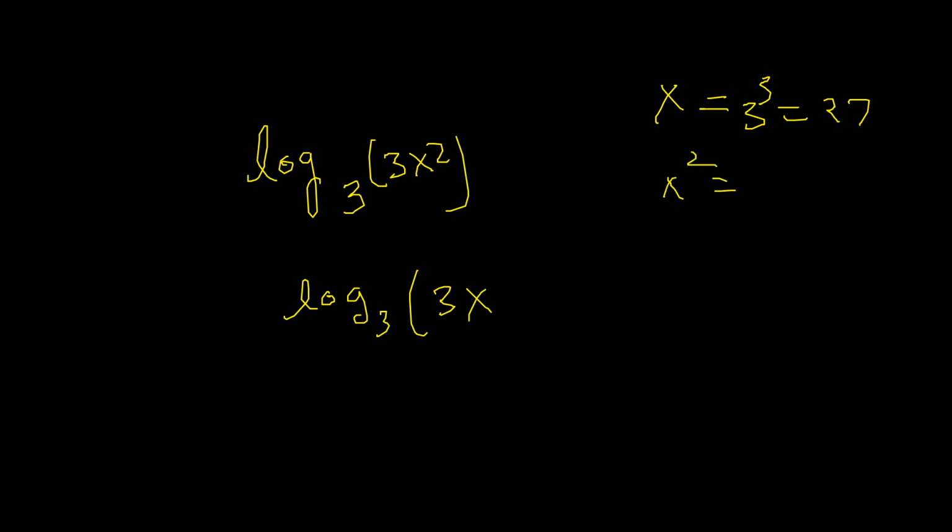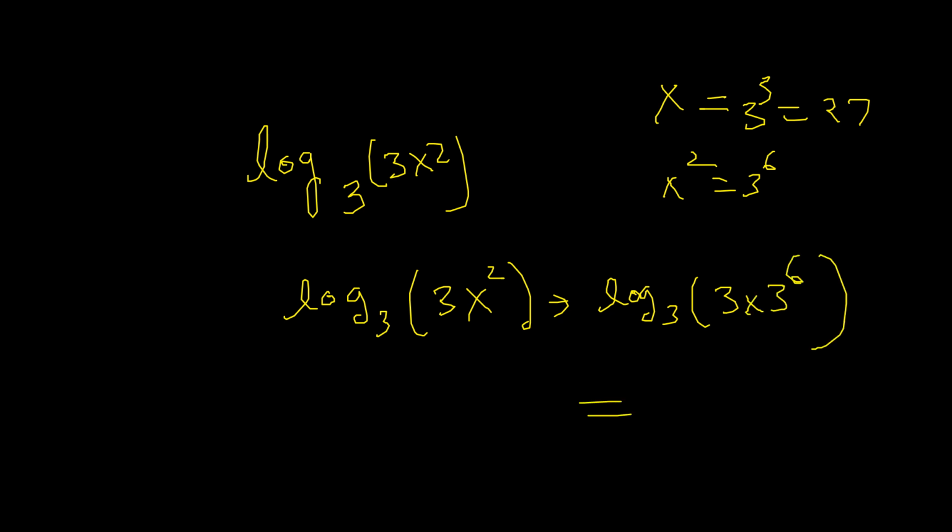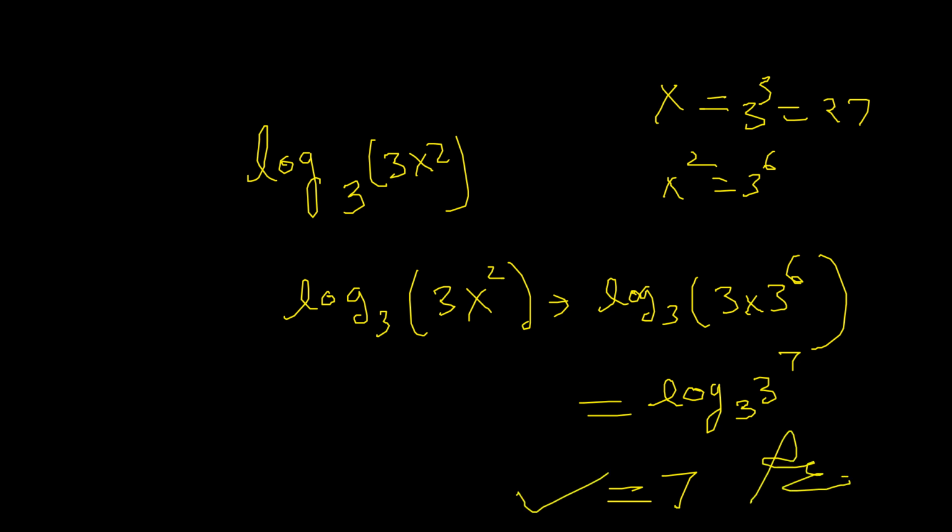So x square is 3 to power 6. So we will get log 3 to power 7 base 3. So with the help of property, we will get answer. Answer is 7.